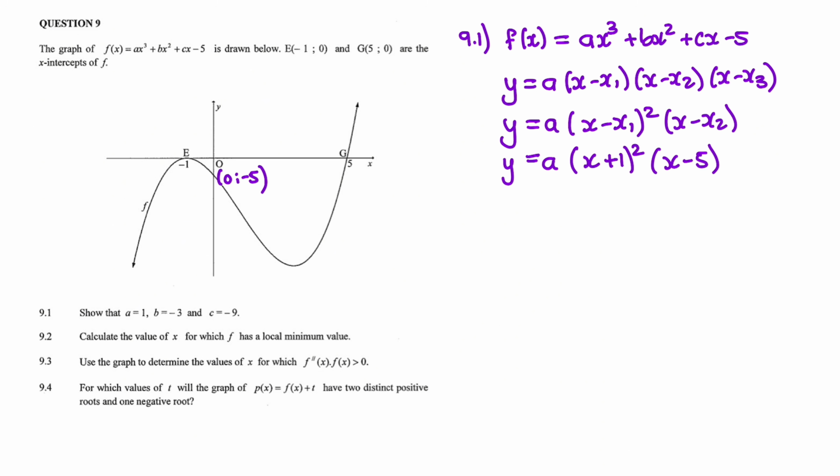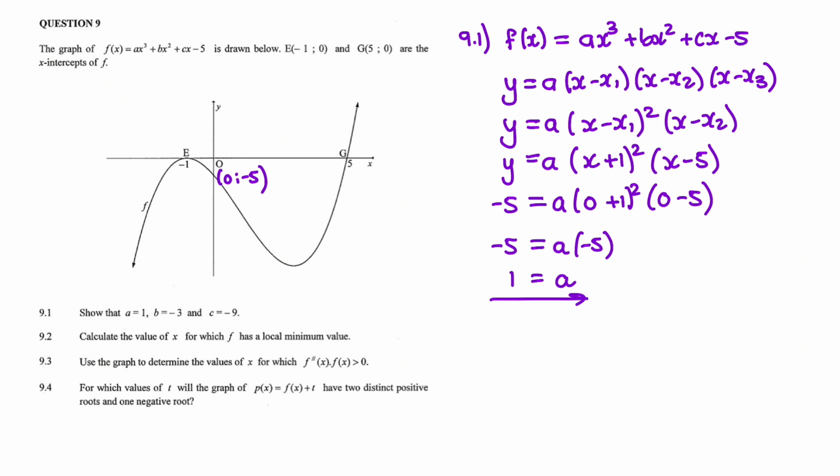If I substitute that into my equation, I have -5, which is the constant value from our equation of f(x), equal to a times (0 + 1)² times (0 - 5). If you simplify, you have -5 equals a times -5. Therefore, if I solve for a, I can see that a is equal to 1.